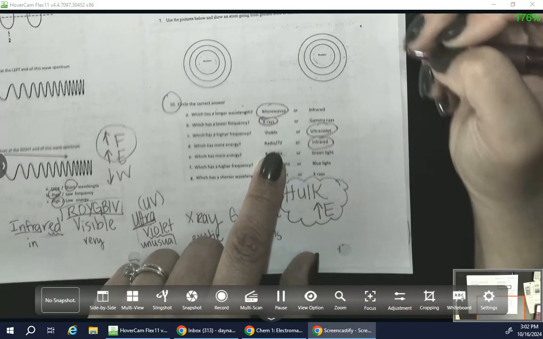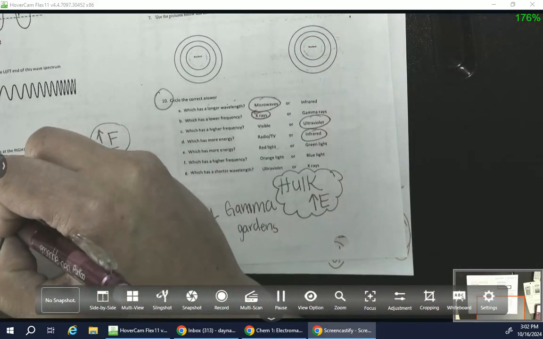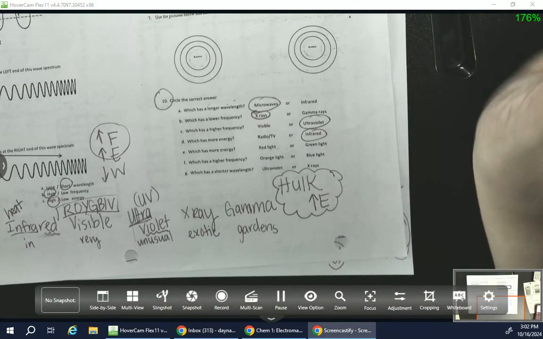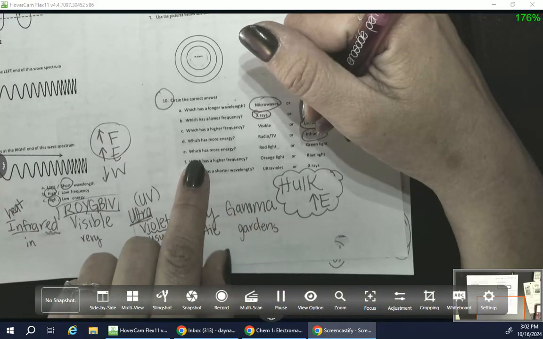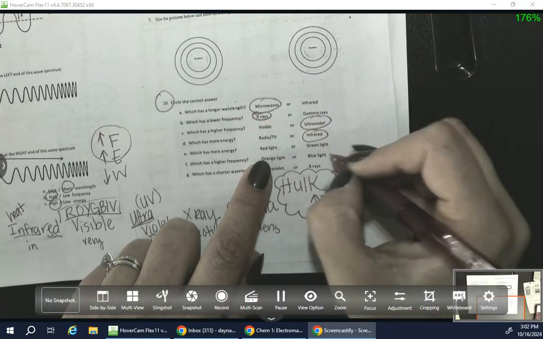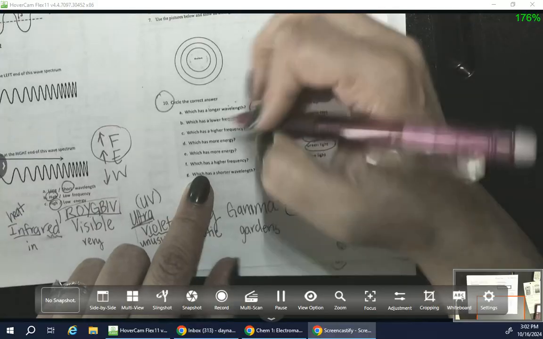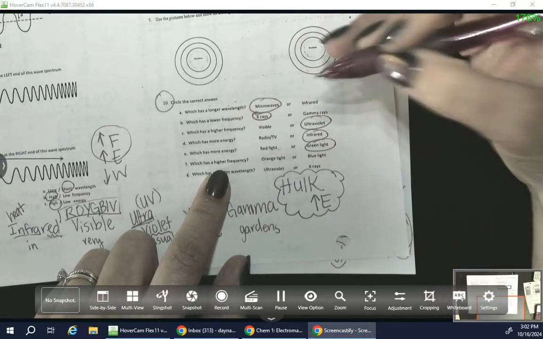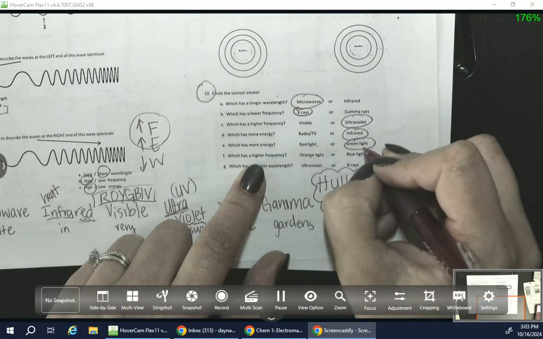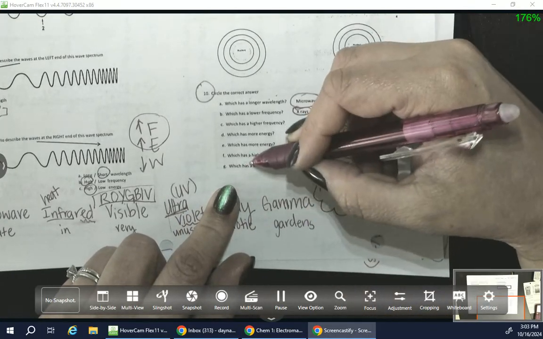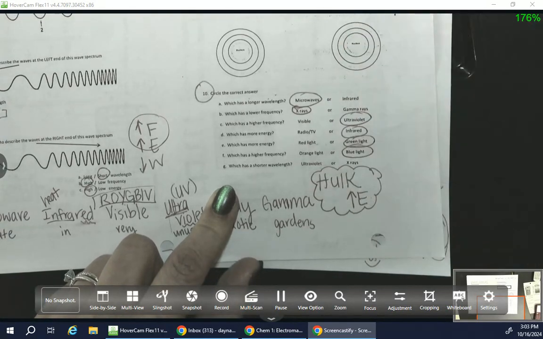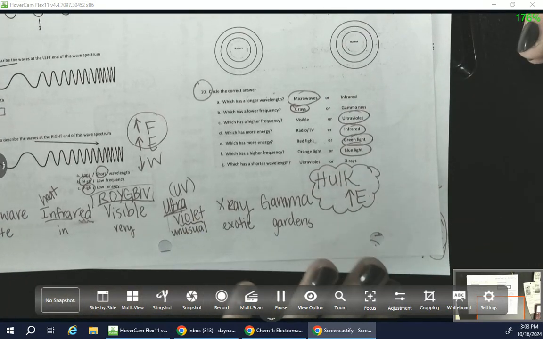Infrared. Just so you know, that's heat. If you've ever seen night vision goggles, it's sensing the heat. Which one has more energy, red or green? Green. Which one has higher frequency, which is higher energy, orange or blue? Blue. And finally, which one has the shorter wavelength, which means higher energy? X-ray.